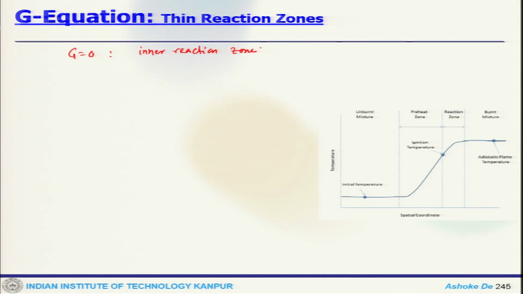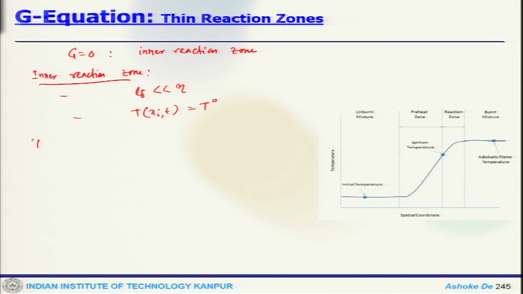In the inner reaction zone, which is thin compared to small scale eddies, that means my L delta will be smaller than the eddy, so that we can describe our temperature as T naught.